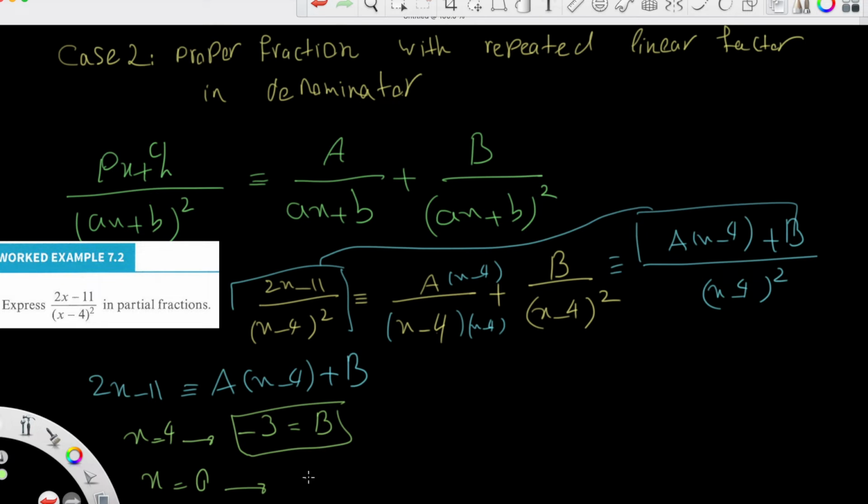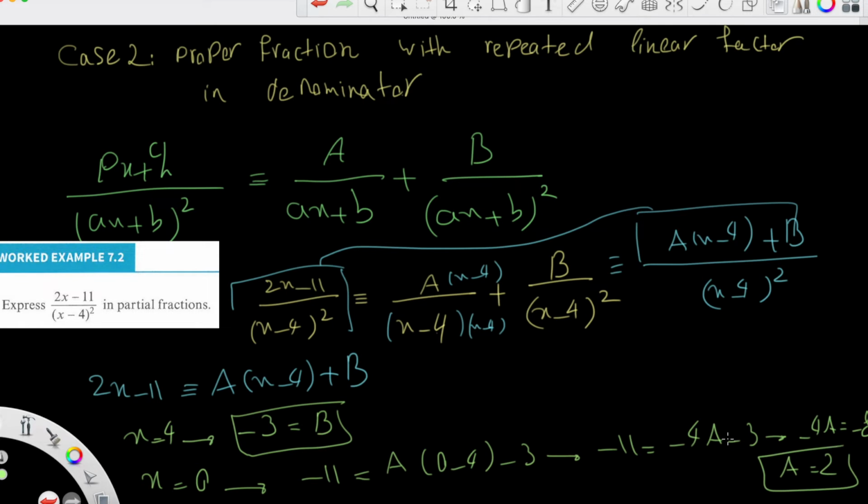So 2 times 0 minus 11, negative 11 is equal to a times 0 minus 4 plus b, which is negative 3. So minus 11 is equal to minus 4a minus 3. So minus 4a will be negative 8. Then a will be 2.